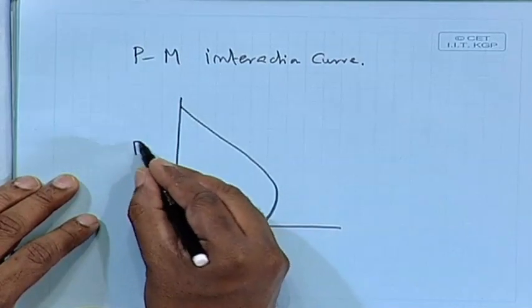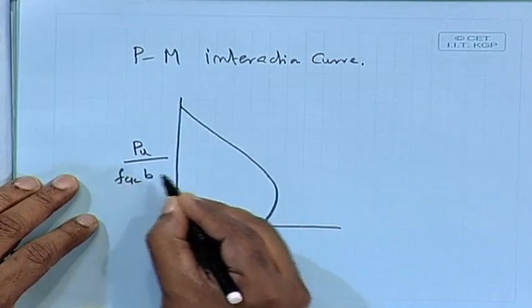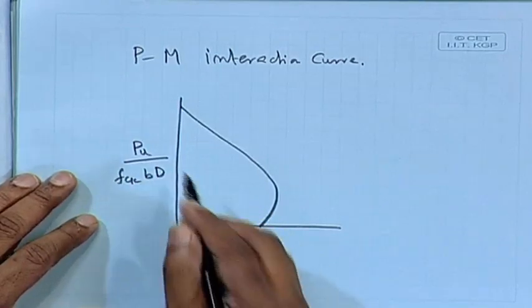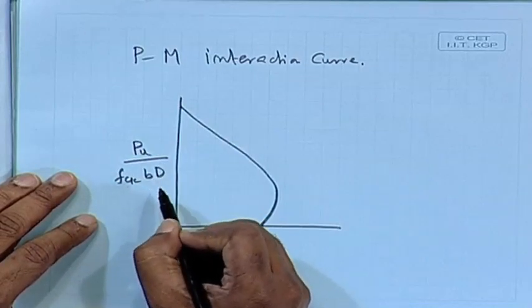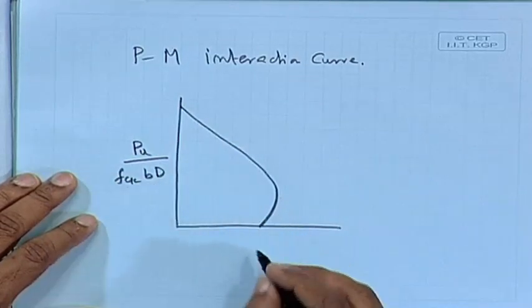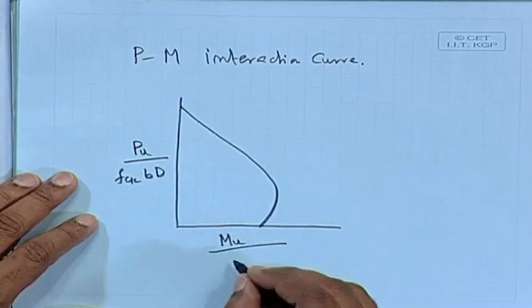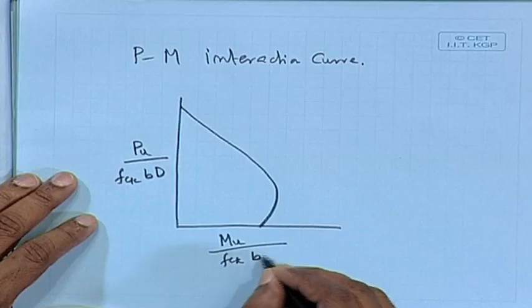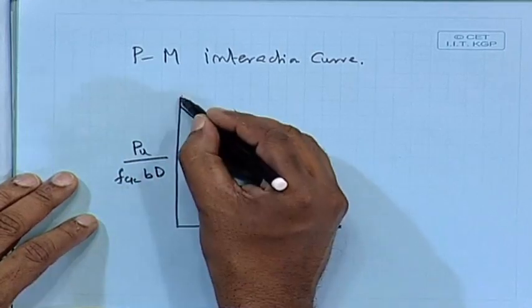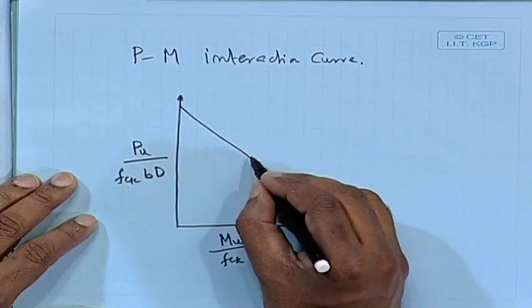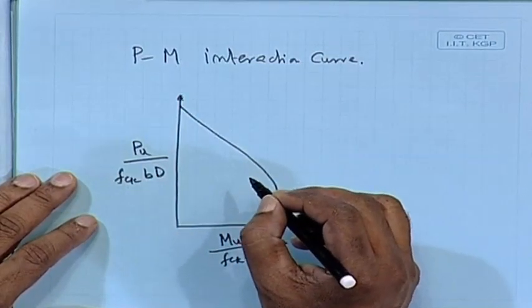Here we write Pu by fck bD, where Pu is the design axial load, and Mu by fck bD square. This is for a certain percentage of steel. I can get different curves for different percentages of steel.